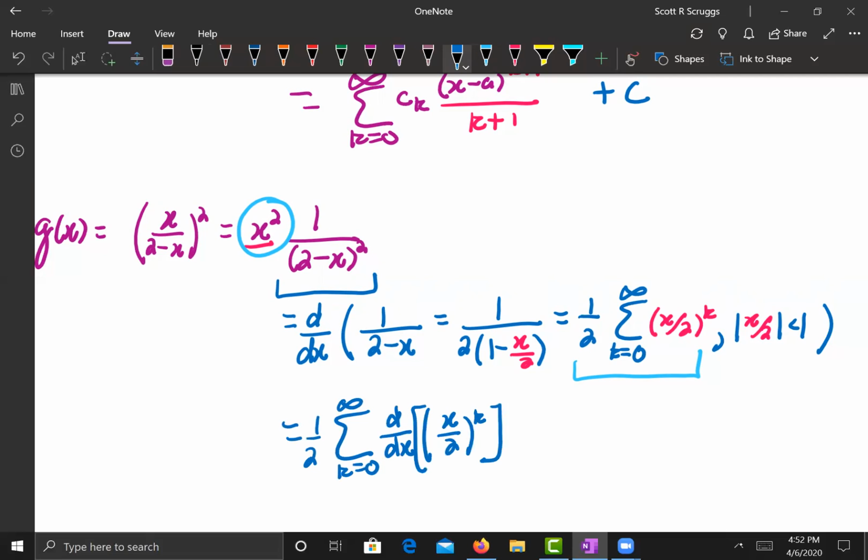So that's me now using property 1 above. Okay. And the reason why I want to do that is now I'm taking derivatives term by term, and I can use the power rule now.